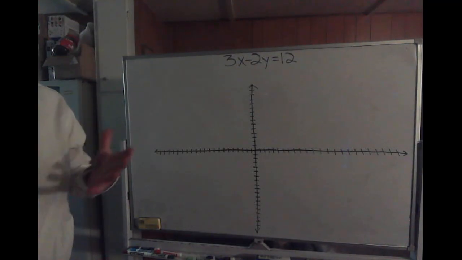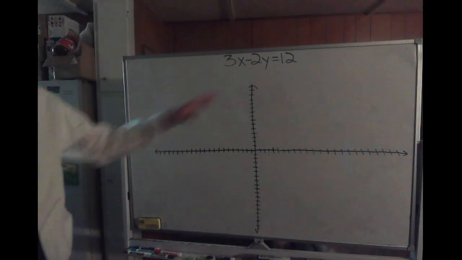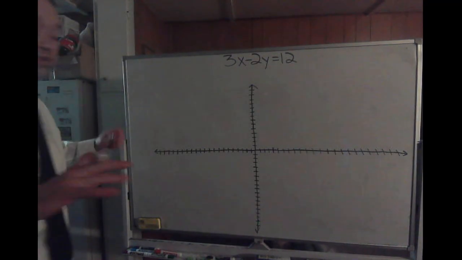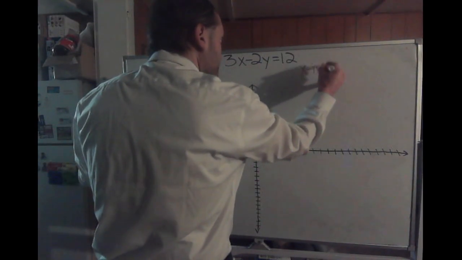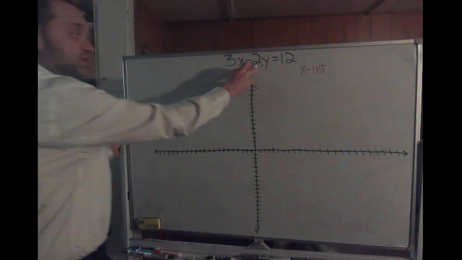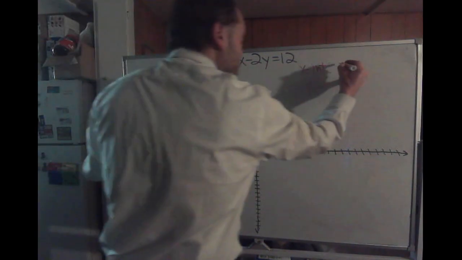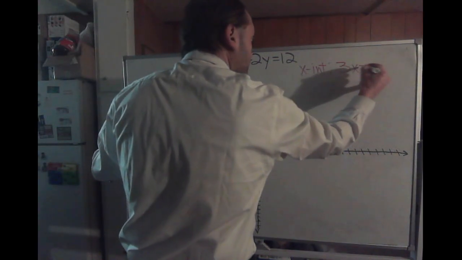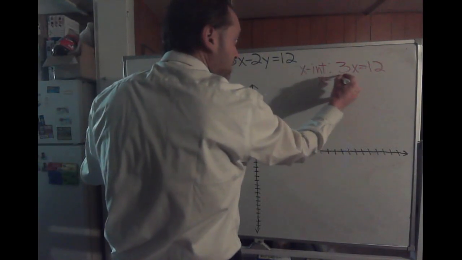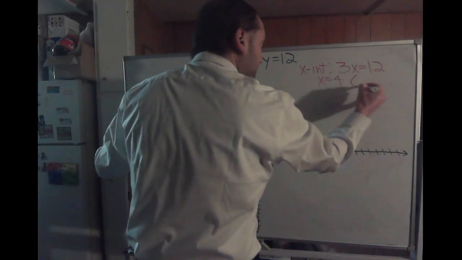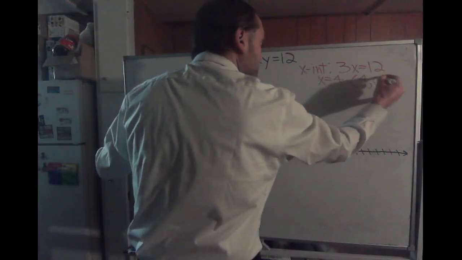So again, when you're given the general form, start out by finding your x-intercept. The x-intercept, of course, is always when y equals 0. If y equals 0, that's just going to give you 3x equals 12, which would give you an x value of 4, meaning then the coordinate of your x-intercept can be found at 4, 0.